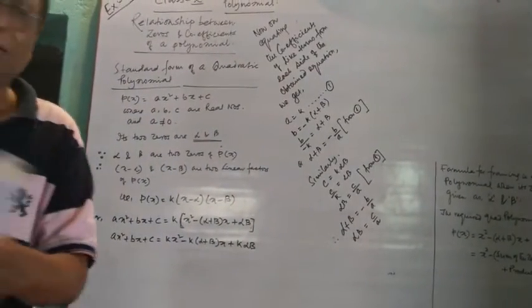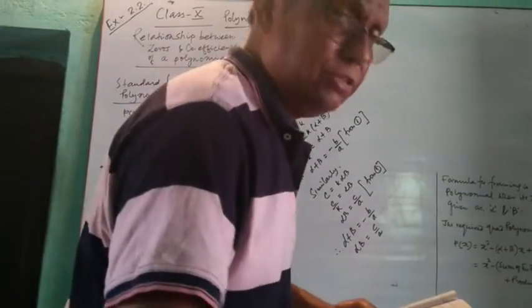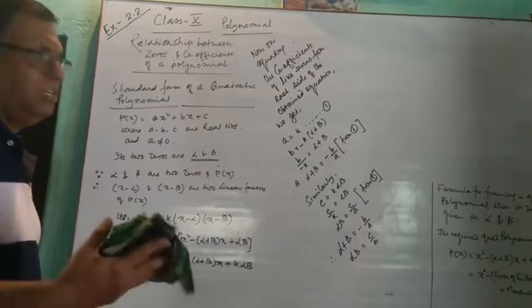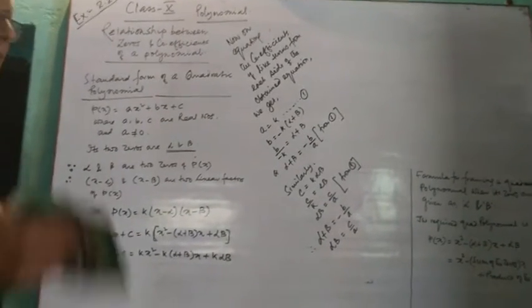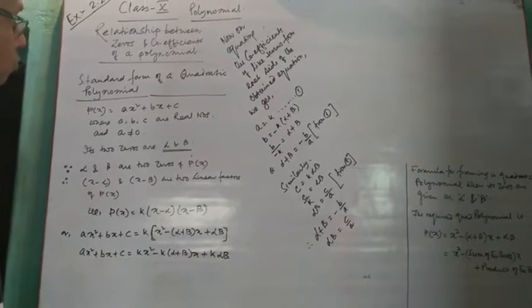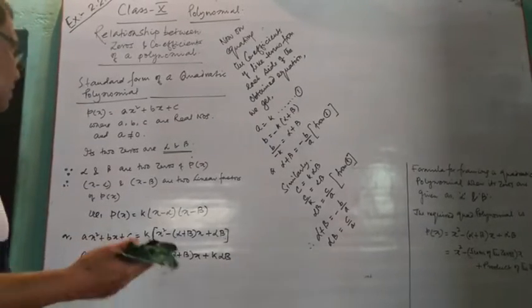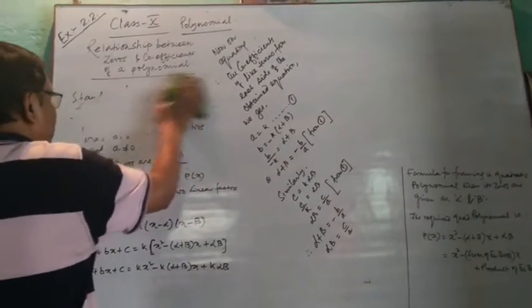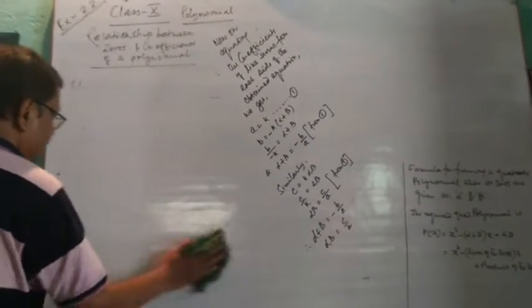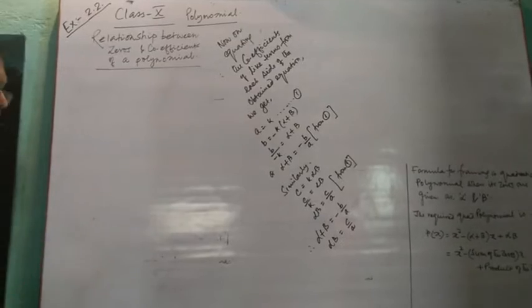Now students, let us directly come to exercise 2.2. I hope you have understood this derivation. You will practice it by yourself, writing it on your own, and you will learn it by heart. And now we will see the exercise questions given in your exercise.